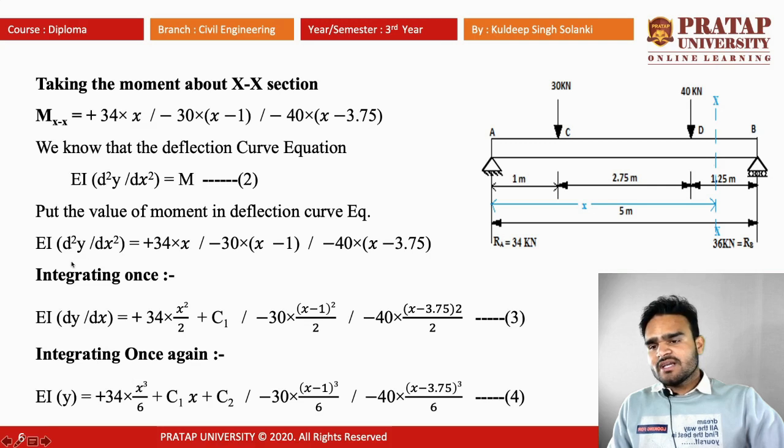EI is constant, and the integration of dy/dx is y. So y equals 34 times the integration of x²/2, and the integration of x² is x³/3. Then x³/3 times 1/2 is x³/6.